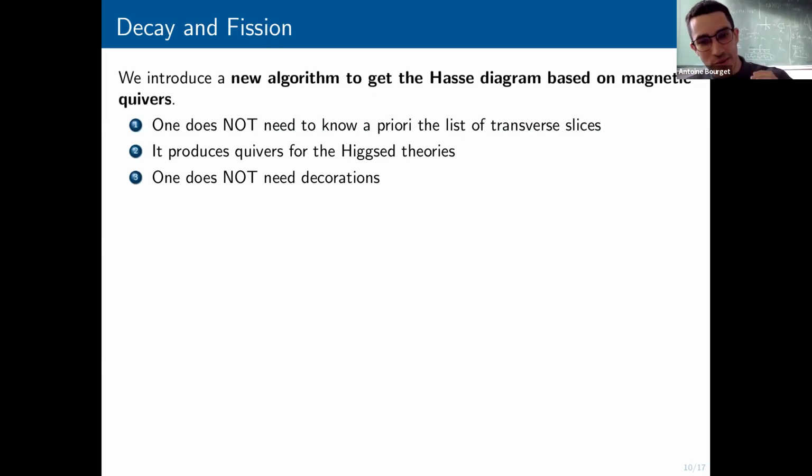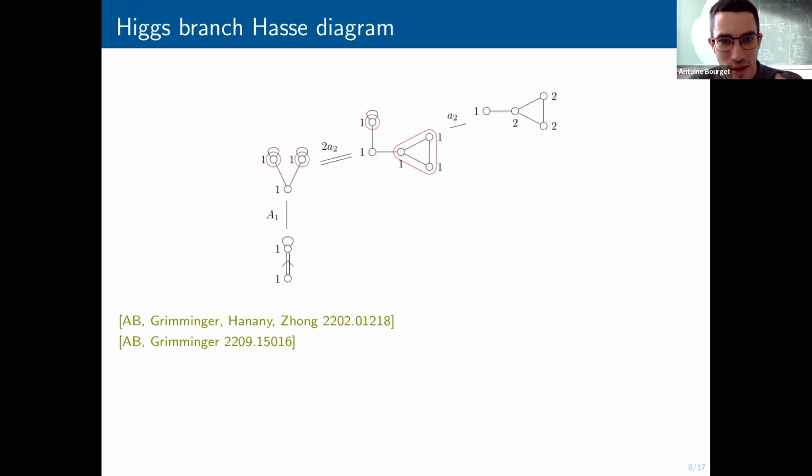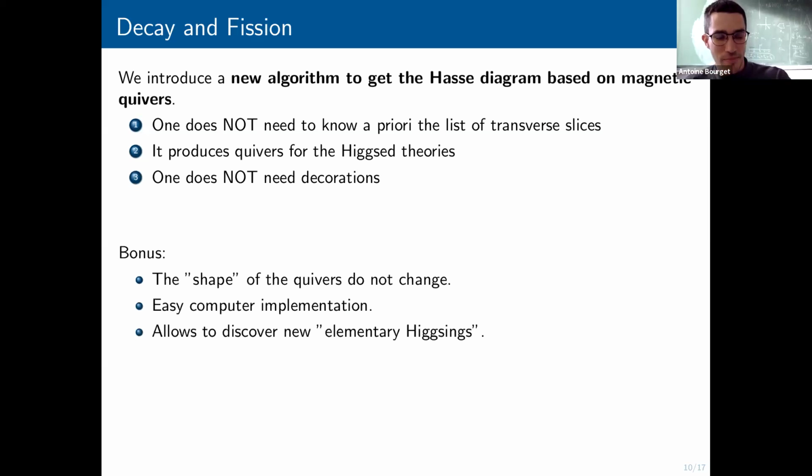Of course, the reason is we will go in another direction: if you want in the diagrams here, we won't go from the top to the bottom, but from the bottom to the top, and there we don't need decorations. But let me show an example and then it will be clear. An additional bonus that we get in this algorithm is that it's extremely simple in the sense that the quiver that you start with has a given shape, and this shape will never change.